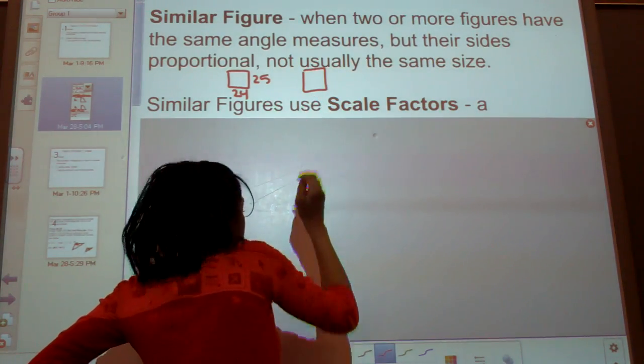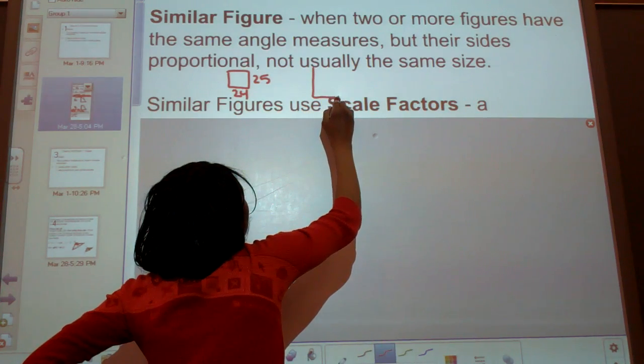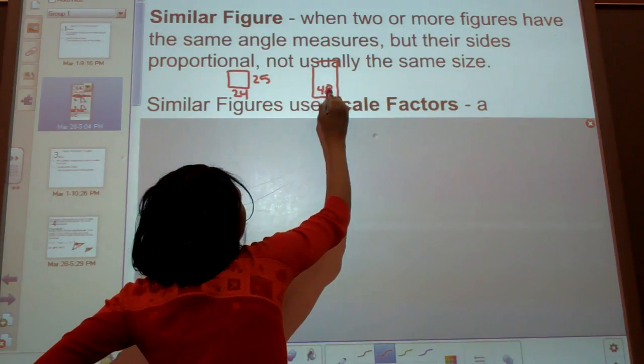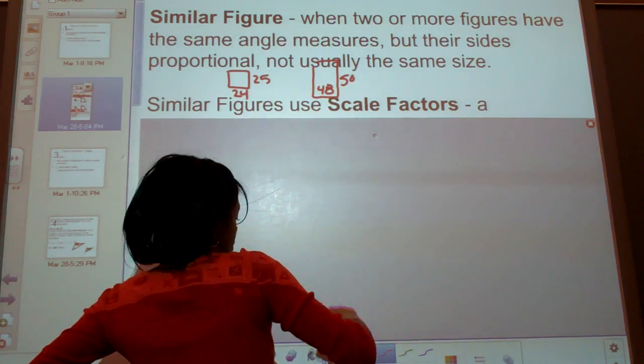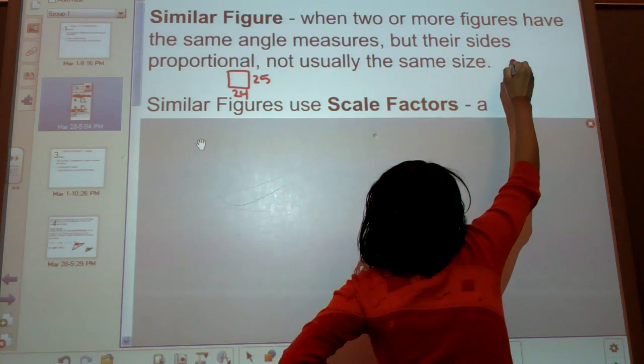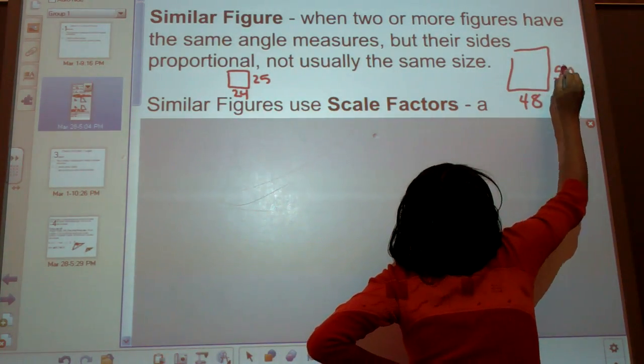That means it will be a little larger in size. So this might be 48 by 50. Let's say this is the gym over here. This will be 48 by 50.